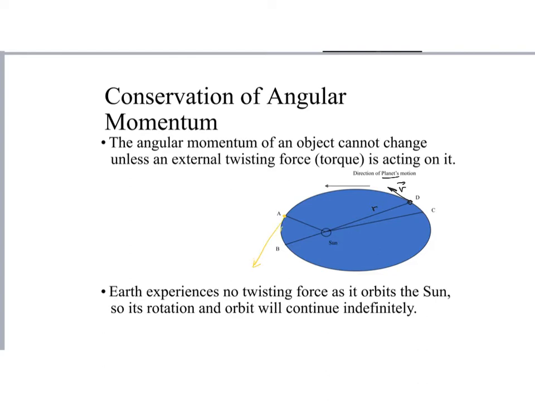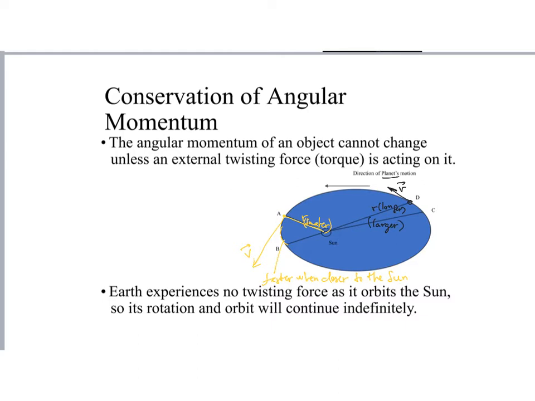It's faster when closer to the sun. Remember, so velocity here, and then the radius. And it makes a lot of sense, right? So this is smaller and this is longer, or larger.